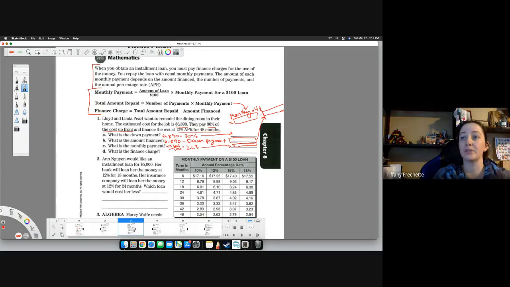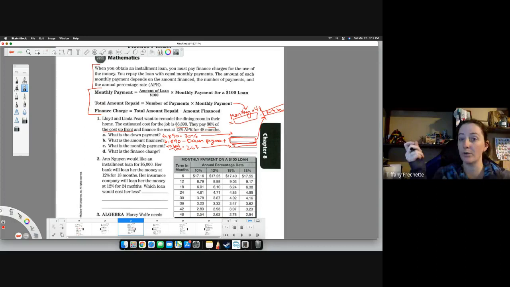And then you subtract that from your amount financed, which is what we found in part B. So I can even write part B in here to finish that little calculation. So this is partially from part C, but it's part C times 48. Okay, so I know I didn't really do a lot of calculations there. I was just trying to set you up so you knew what to do for each one.